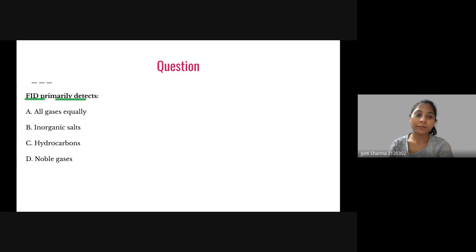Each detector differs: some can detect inorganic salts, some can detect organic things, some can detect heavy metals. So if we are talking about the FID, flame ionization detector, what kind of chemical does it detect?